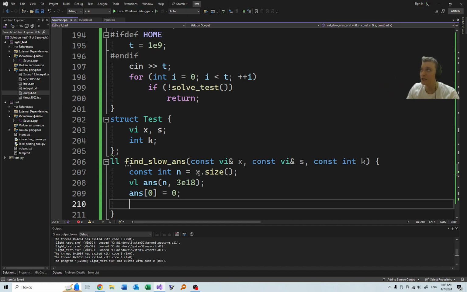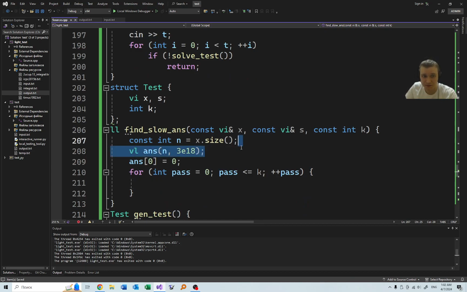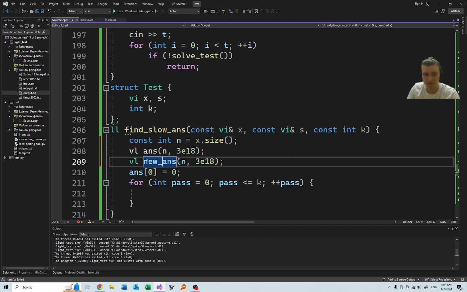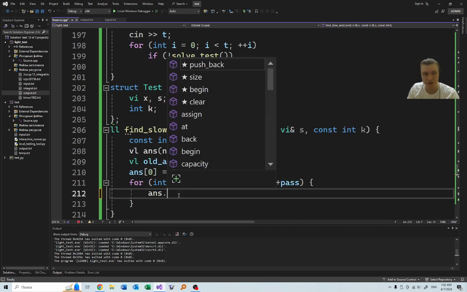Then we can make at most k plus 1 passes. So during a pass, we either move the ball to the right or to the left. Let's make old ans.